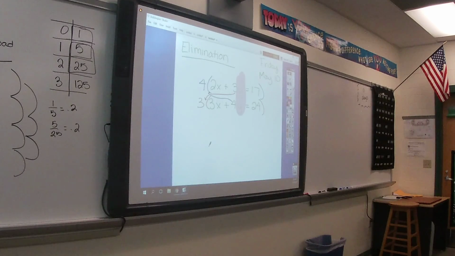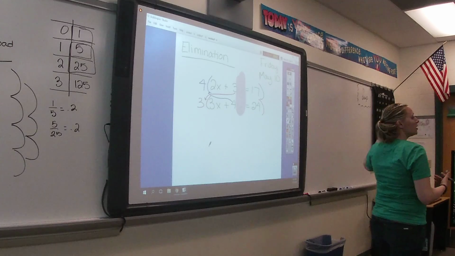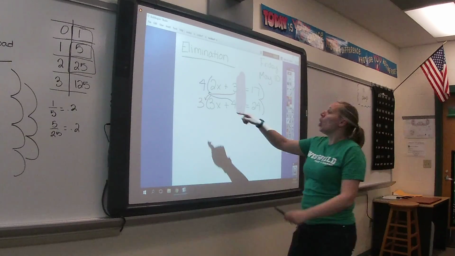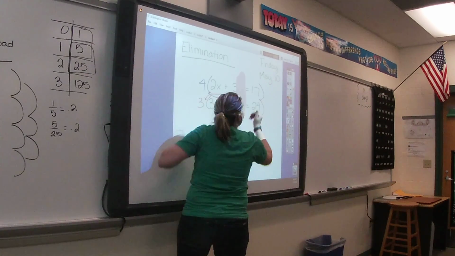Now remember, when we multiply an equation, we can't just multiply in one place. Just like we can't just add two things and hope for it to be the same thing. Our rule has always been whatever we do to one side, we have to do to the other. That multiplication is going to have to happen all the way through the problem. That's why I'm putting the parentheses all the way out here.